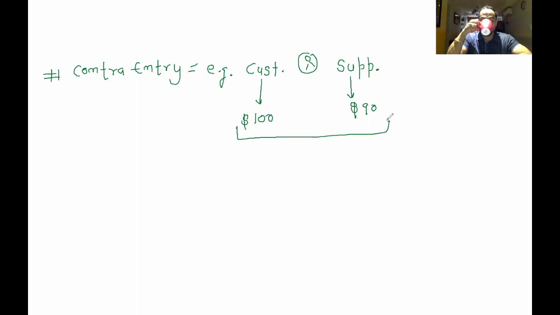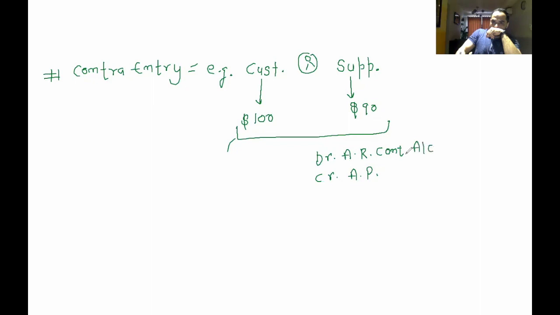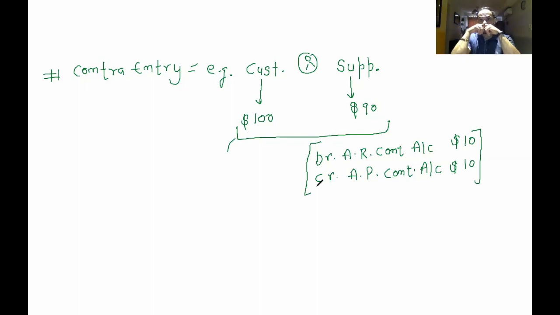The transaction will be: debit accounts receivable control account, credit accounts payable control account. This is called a contra entry.